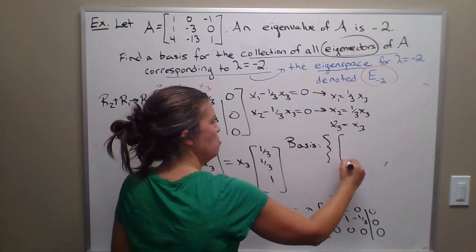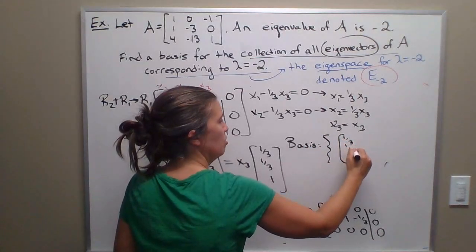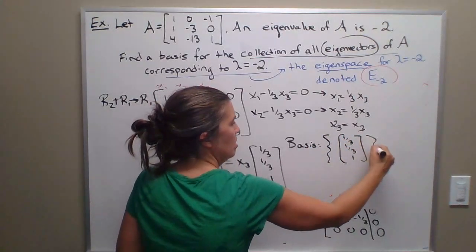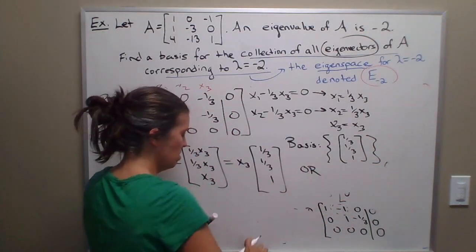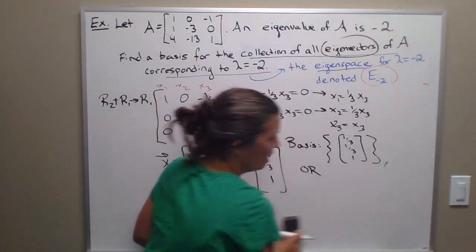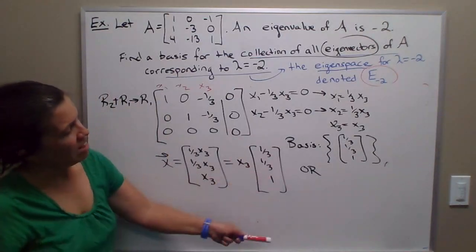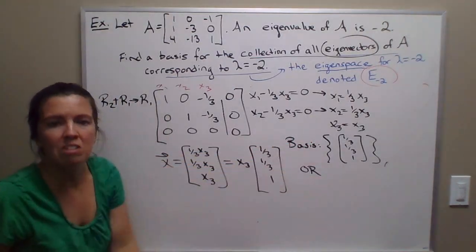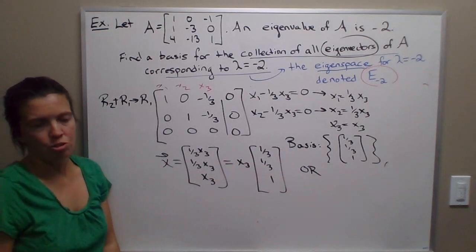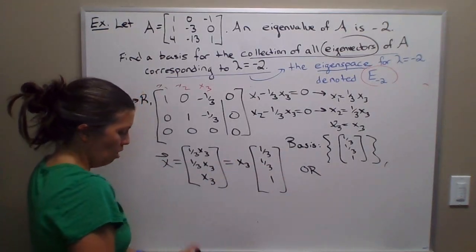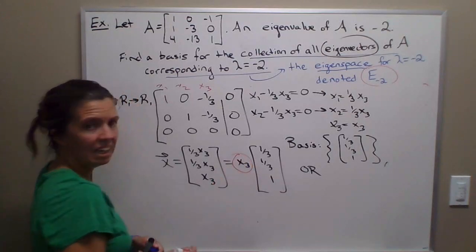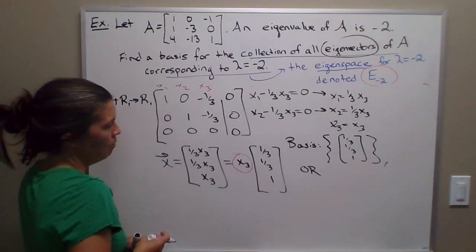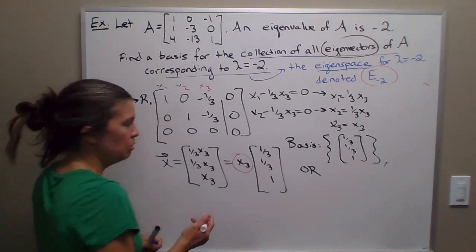This is going to have dimension 1. We just need one vector as the basis. This works. Or what you'll see sometimes when you check answers, say in the back of the book, a lot of times they like to make the entries in your basis vector integers, so nice whole numbers, which you can do because x3 here can be any number, and we could set up a parameter that's also equal to any number.